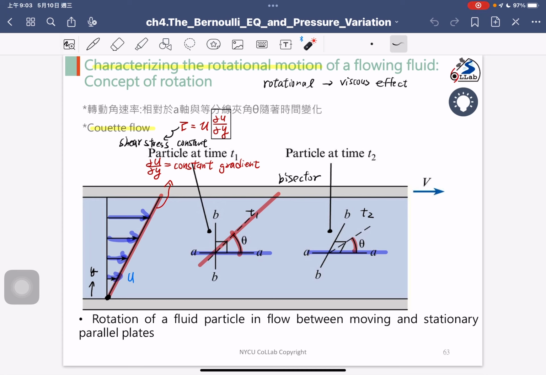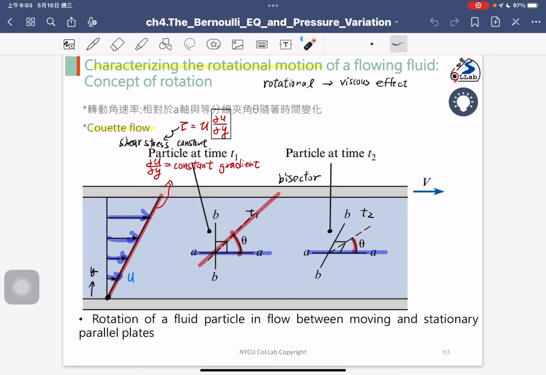As you can see, the theta we highlight here is the angle between the bisector and the horizontal line. For these conditions, we discuss Couette flow.